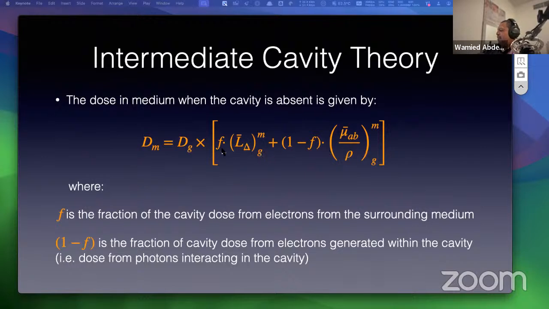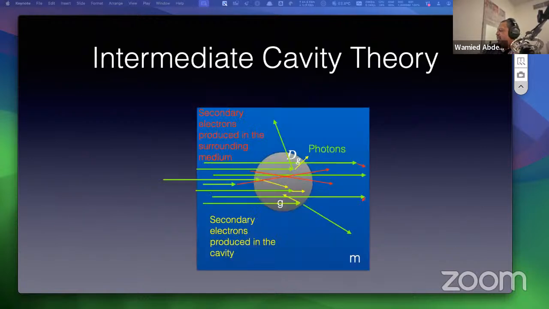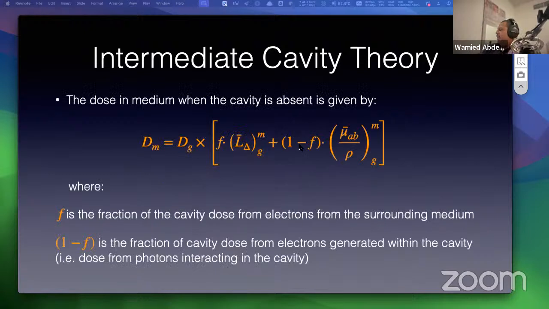So F represents the fraction of the cavity dose from electrons from the surrounding medium, essentially the dose by the red electrons, and then 1 minus F would be the dose from the yellow electrons. This is the fraction of the total dose. For the red electrons, generated from the surrounding medium, we can use the small cavity theory.